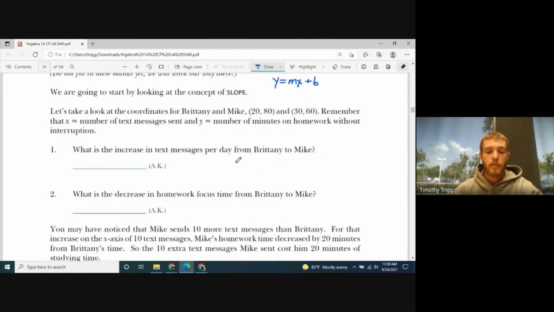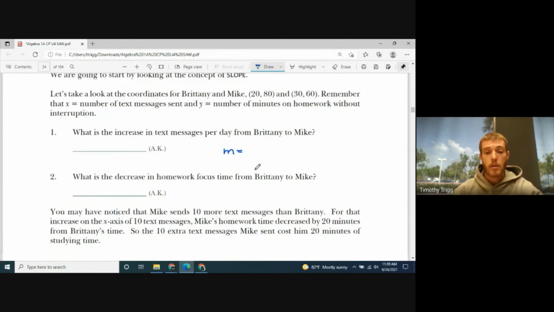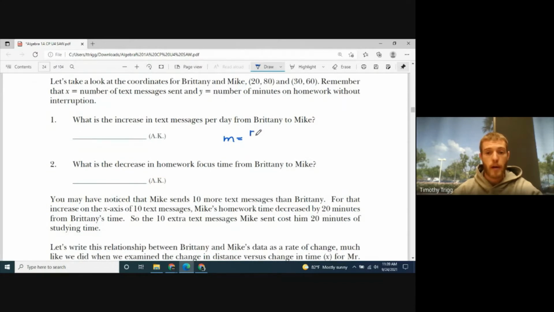The way we can find the slope simply is by doing the rise over run. So our slope, which we usually denote with an m, equals the rise over run. You take however much it rises, then divide by however much it runs.